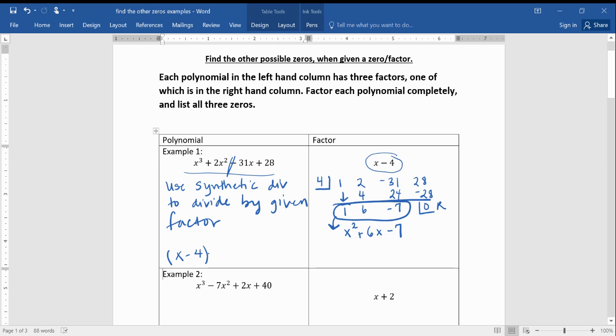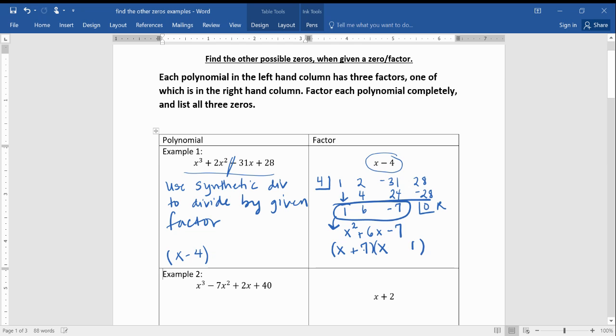Okie dokie. So here's one of our factors, x minus 4. My question is, can you factor what was left over when we divided out x minus 4? Absolutely, you can. This is an old factoring question. So x times x is x squared. Now, what multiplies to give you negative 7 but adds to give you 6? Well, you do not have very many choices, do you?